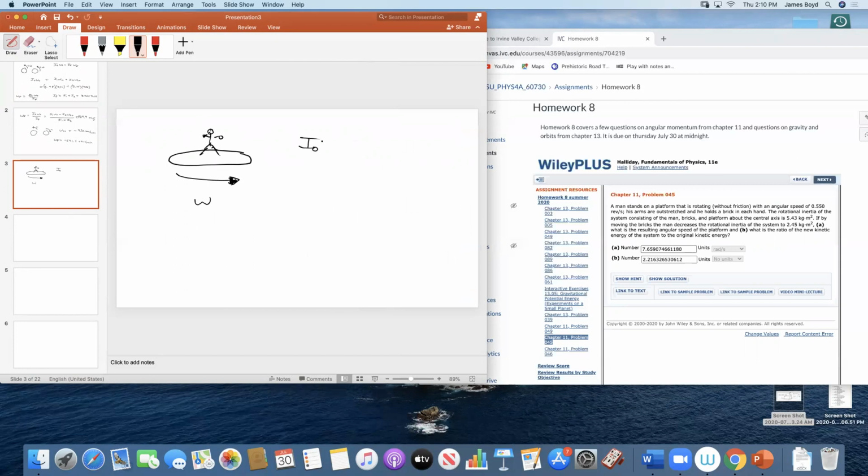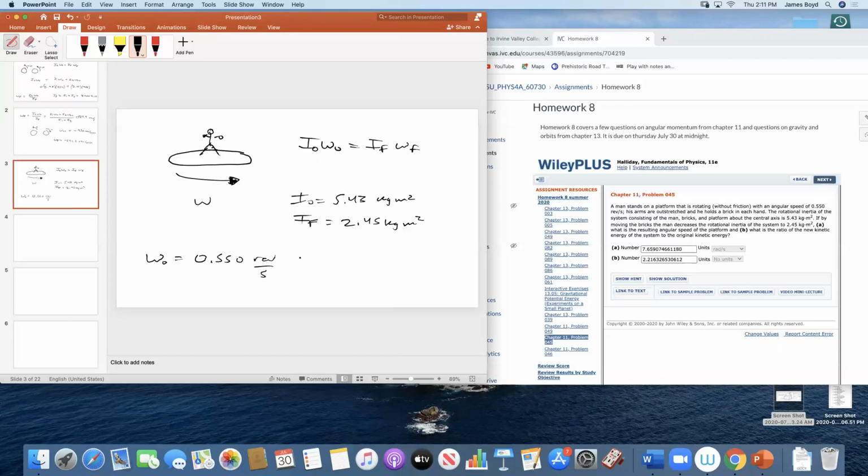Again, his initial moment of inertia times his initial angular velocity is equal to his final moment of inertia times his final. We're told that his initial moment of inertia is 5.43 kilogram meters squared, and his final is 2.45 kilogram meters squared. And we're told it's got an angular speed of 0.550 rev per second initially.